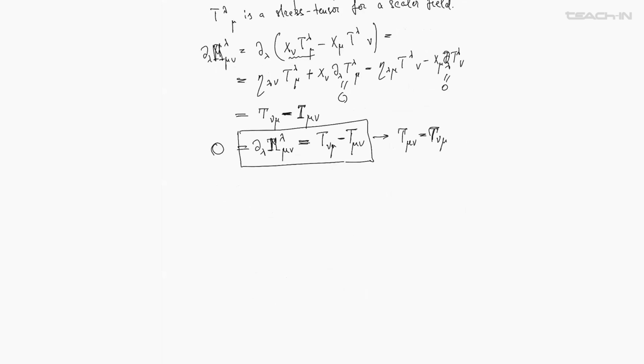field. But we can ask what happens if we now consider, for instance, the energy momentum tensor for a vector field. So the energy momentum tensor and the tensor of angular momentum also for the case of a vector field. So M^{λμν} for the case of a vector field. What will it give us?